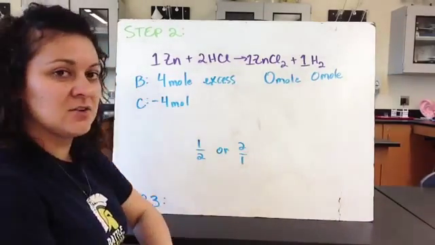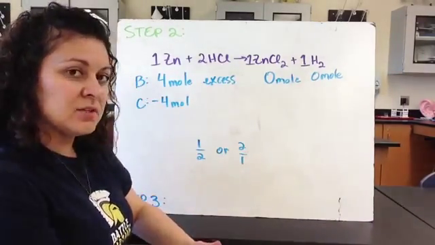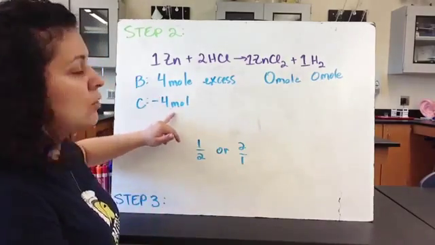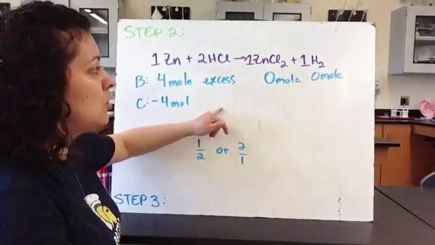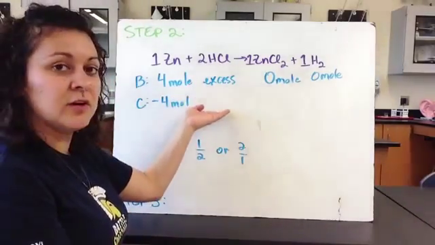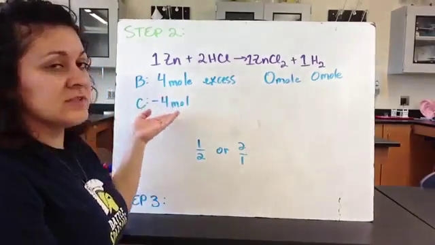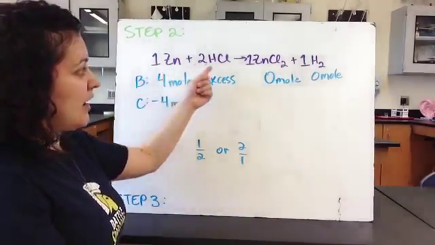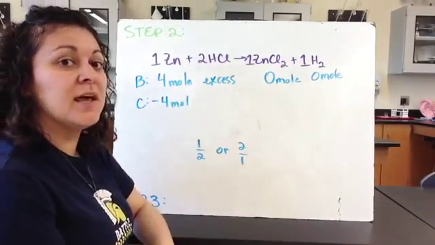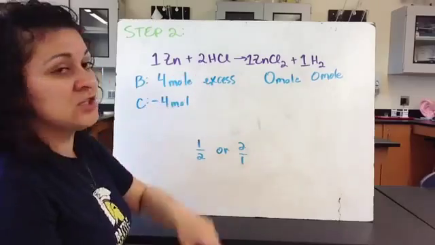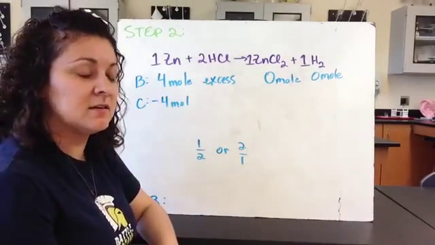This is where we have to ask ourselves, is our number supposed to go up or down? So for every 1 mole of zinc, we have 2 moles of hydrochloric acid. So would we expect to have more hydrochloric acid or more zinc? You can see if we have 1 mole of zinc here and 2 moles of hydrochloric acid, we're going to expect to have more hydrochloric acid because in our mole ratio, we have more hydrochloric acid.